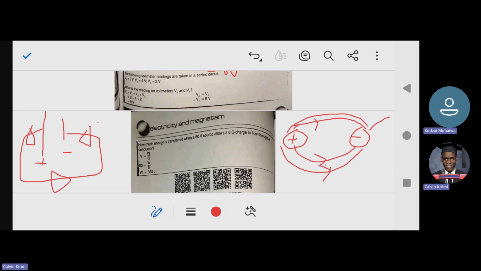So these are the field lines, towards the negative but away from the positive. Whenever you are told to draw the field lines of any two given point charges, positive charge and negative charge, always the arrows go away from the positive.